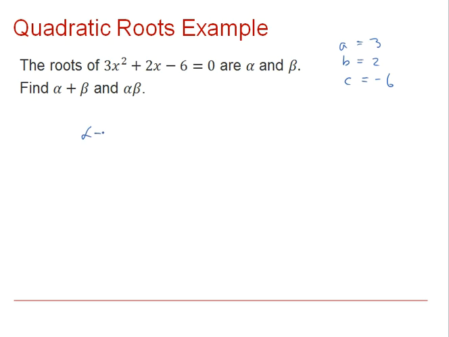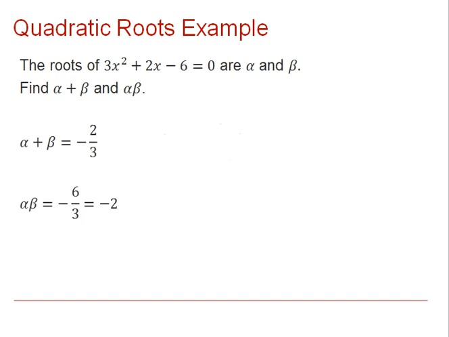If we use that alpha plus beta equals minus b over a, then all we have to do is plug in the values of b and a in order to get minus 2 over 3. Alpha beta, which we know to be c over a, is minus 6 over 3, or minus 2.